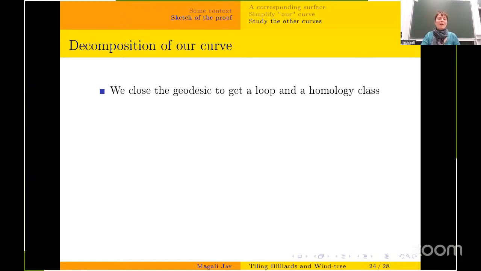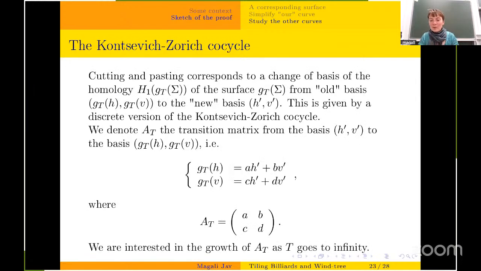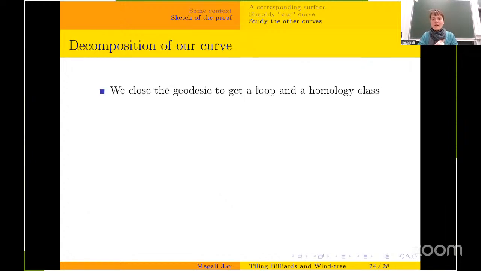Okay. And this will be possible with the Oseledets theorem. Okay, so I recall I have my trajectory in the half translation surface. I have a long trajectory.